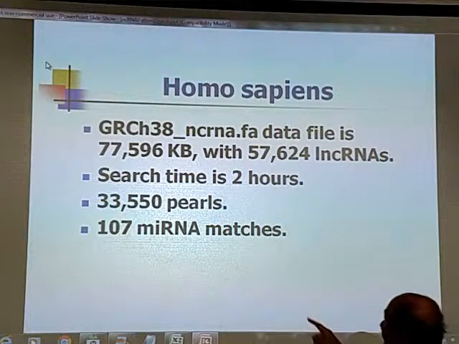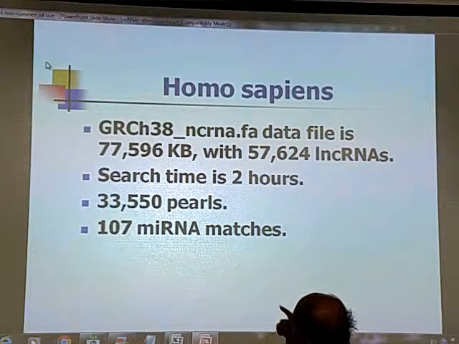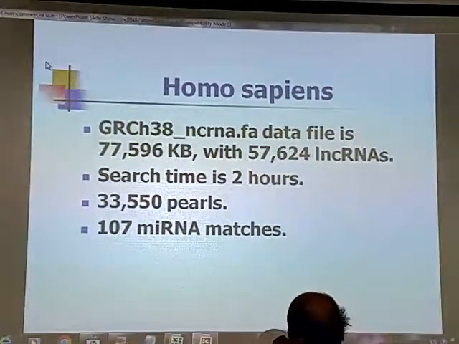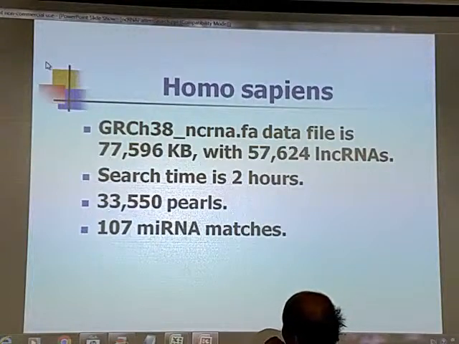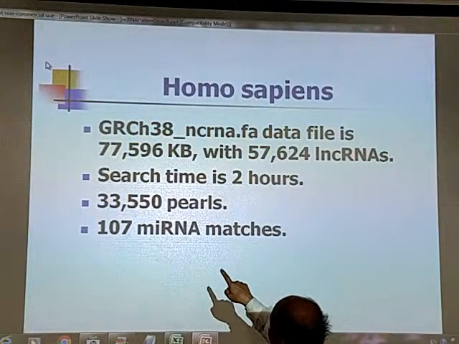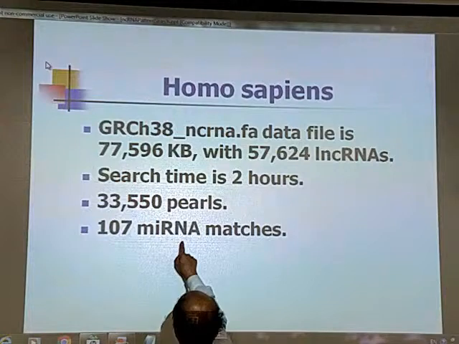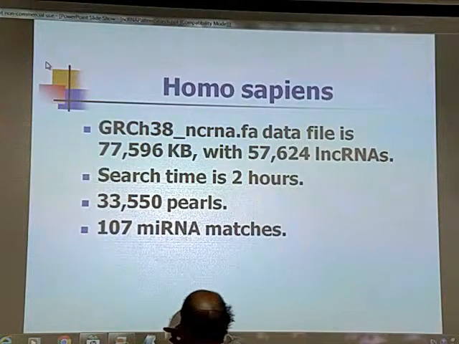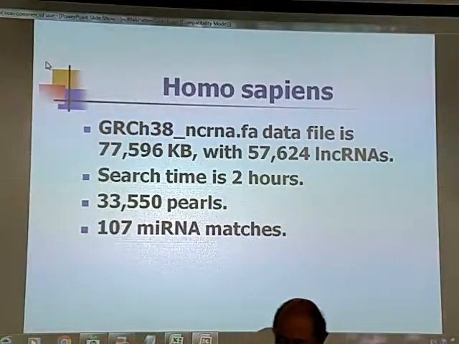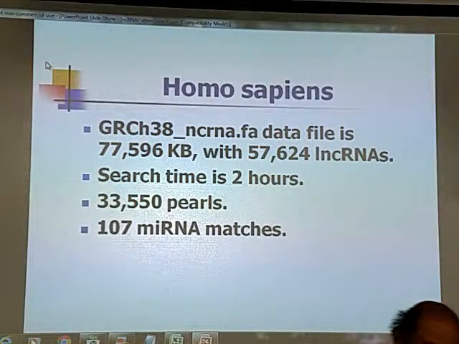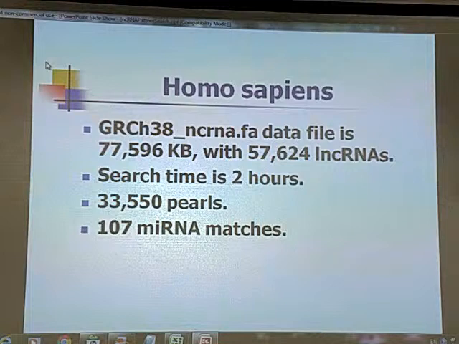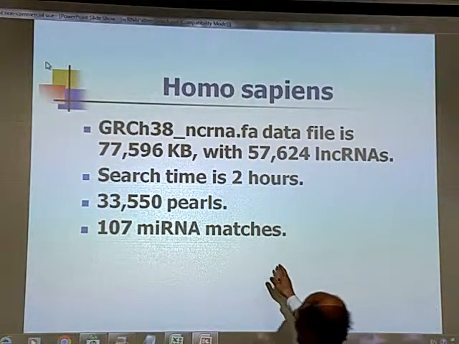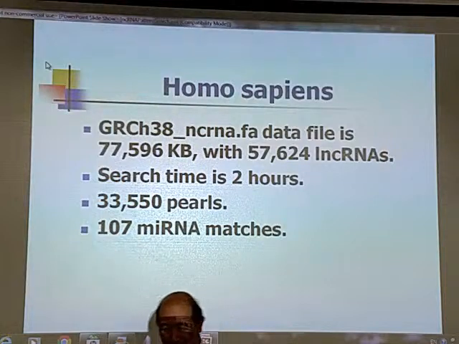And then I was able to identify 33,000 pairs. But I used this one and compared with the microRNA list, and got exactly 107 matches. That's bogus. Okay, I was trying to find out what was wrong, so ignore this one. Okay, I have to work on it.